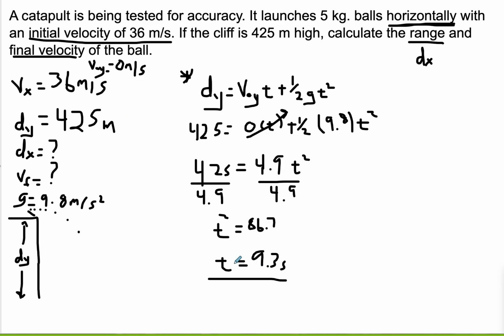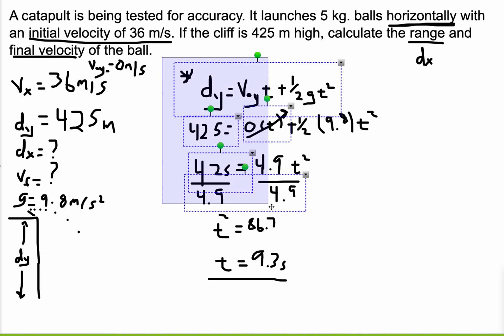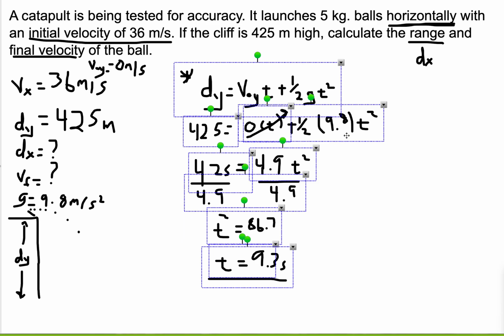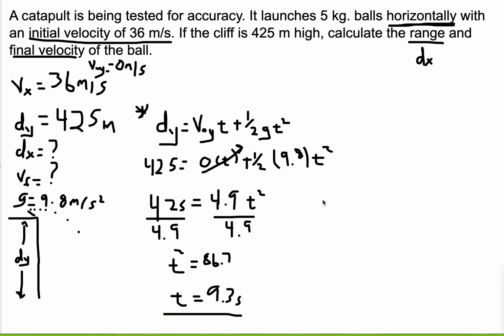Now, we didn't solve for anything in this problem yet, but we can use the time to solve for the range. I'm going to move this out of the way, slightly to the left, and let's do the range first. So I want to find dx. dx is my question mark.